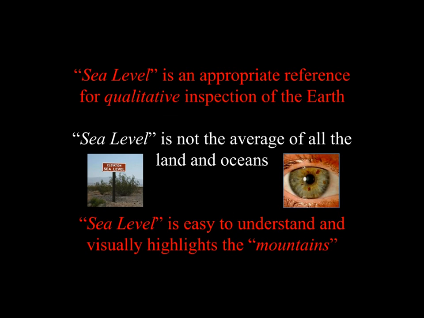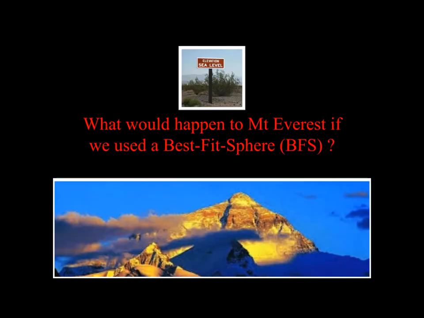Realize, however, that sea level is not a best fit sphere. It's not the average of all the lands and the oceans. It's, however, easy to understand and visually highlights the mountains. Well, what would happen if we did a map of the Earth using a best fit sphere? What would happen to Mount Everest?